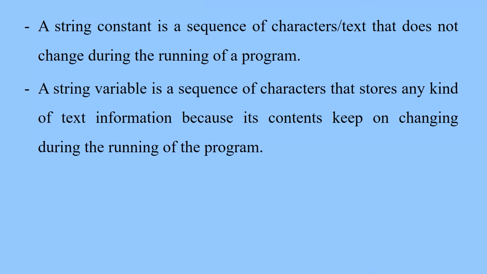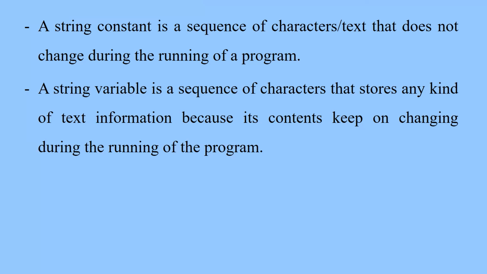A string variable is a sequence of characters that stores any kind of text information because its contents keep on changing during the running of the program. In other words, if you have a memory location set aside to hold some text, for example, the name of a person, when the first name is entered, the program does what it wants with that name, then the user is prompted for another name, and the new name is entered in the same memory location.